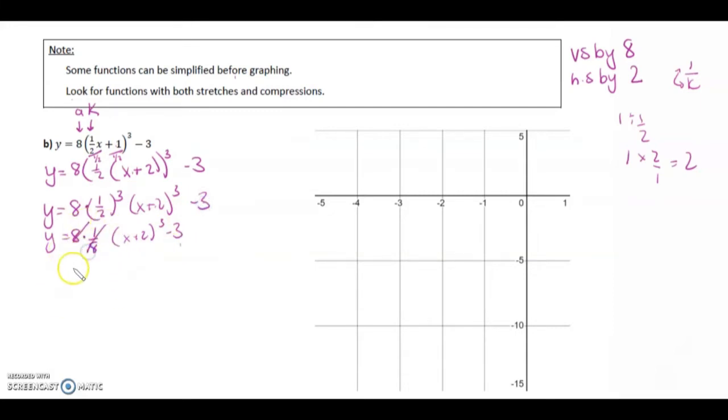So these cancel out. And we end up getting simply x plus 2 cubed minus 3. This is much easier to work with. For transformations, this is left 2 units, and this is down 3 units.